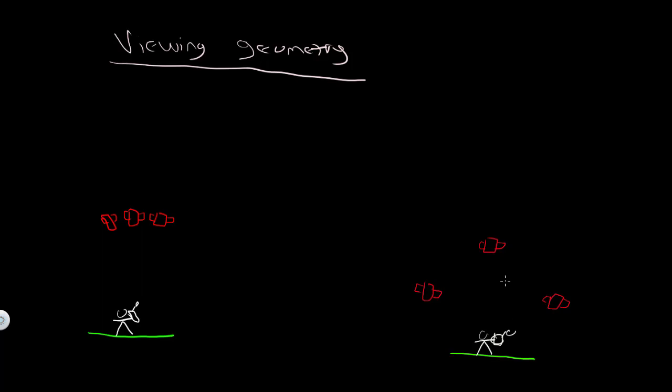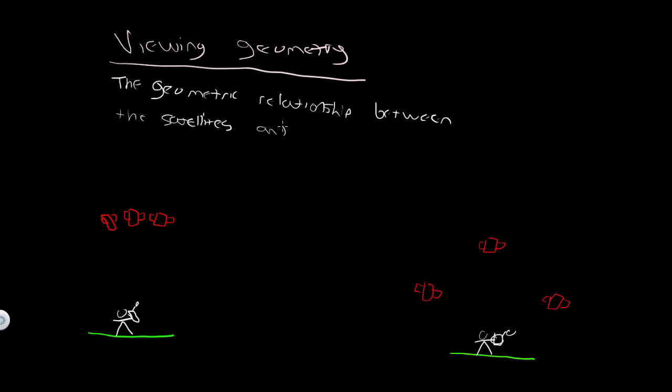So viewing geometry, to put it simply, is the geometric relationship between the satellites and the receiver.